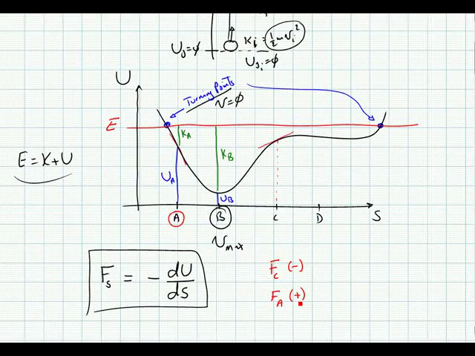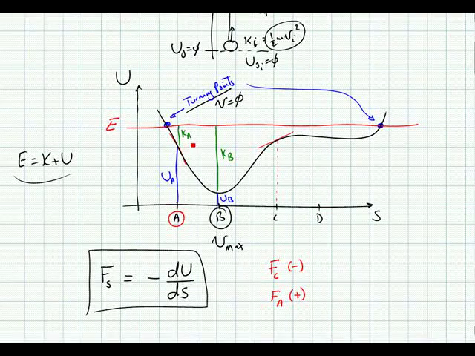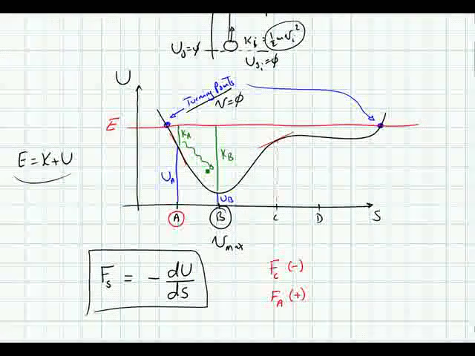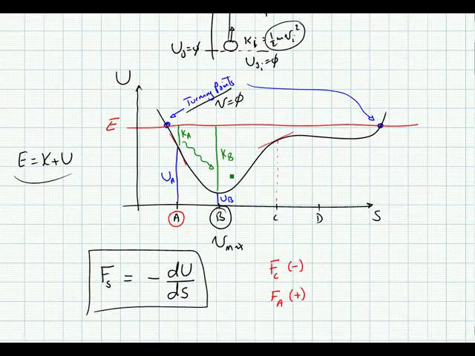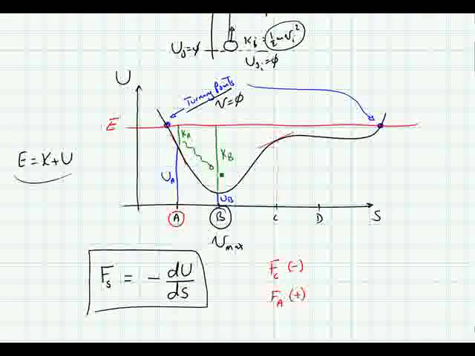That makes perfect sense as well. A positive force along the S direction leads to the object speeding up, going from position A to position B, as the kinetic energies Ka and Kb imply, of course.